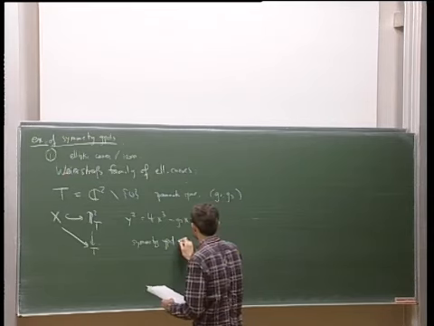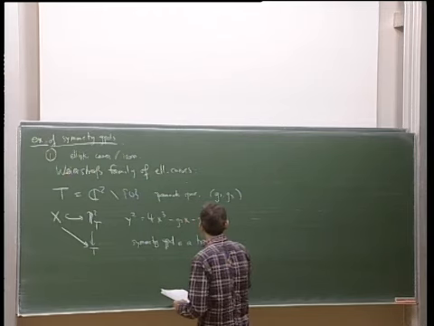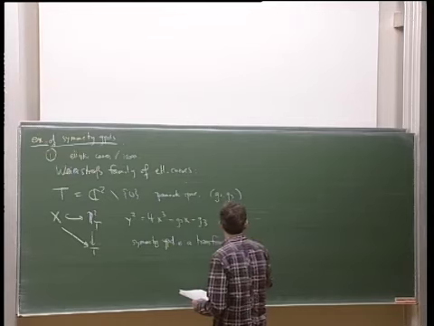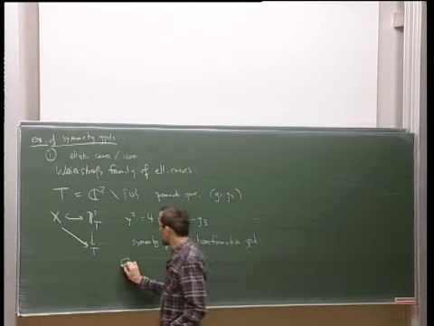So the symmetry groupoid is a transformation groupoid for the following C star action.